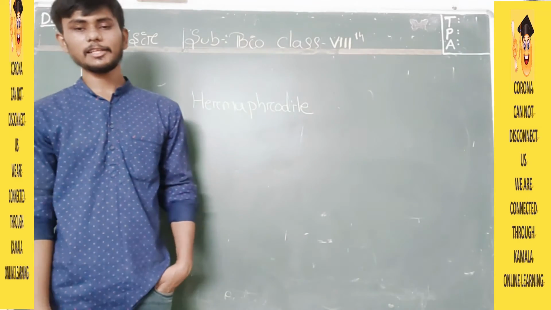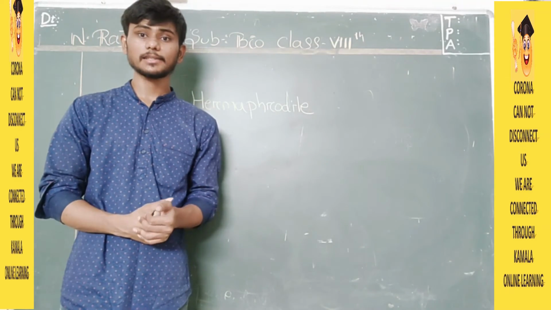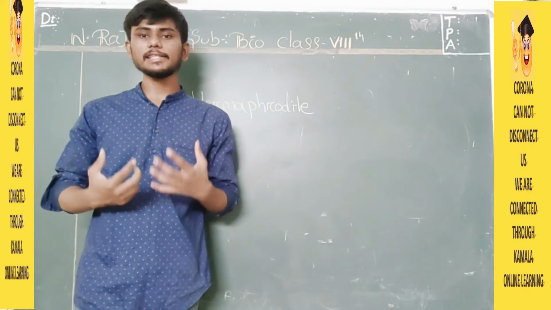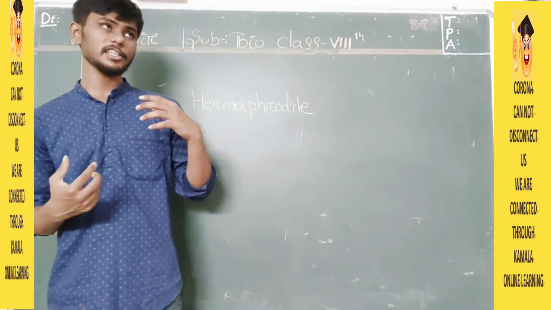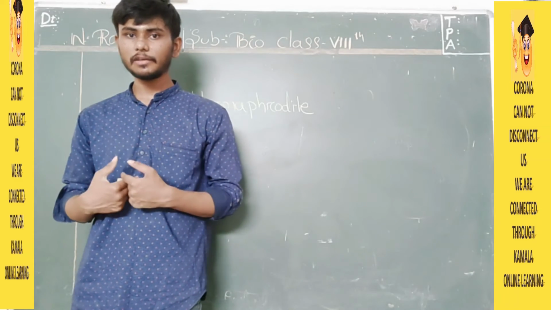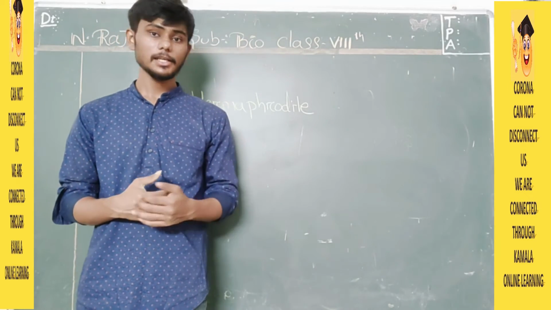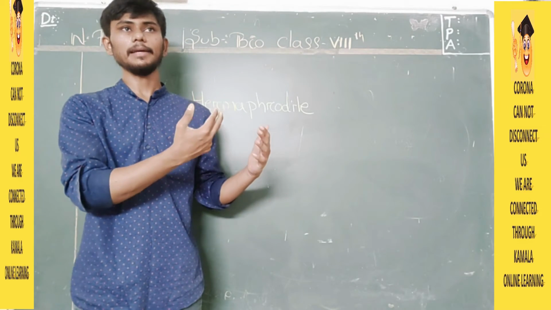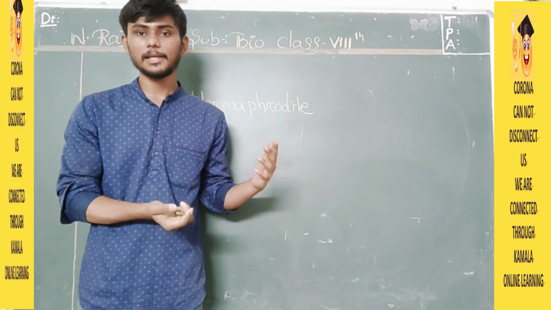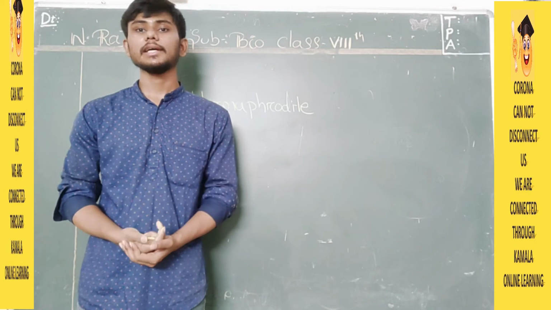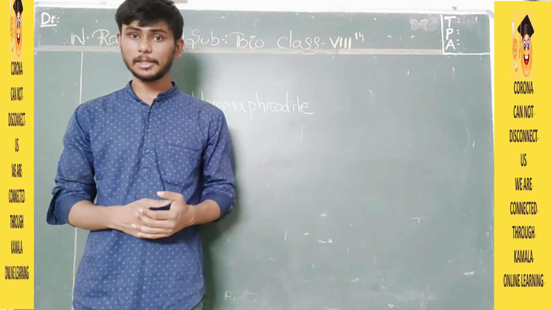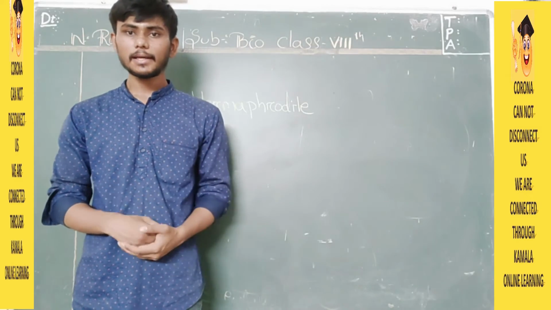There are some animals like your earthworm, some kinds of toads, some kinds of salamanders. What they do is they can change their reproductive system, means they can change their gametes. At first they had male gametes, they can turn into female gametes. Suppose both are males and they need to reproduce. Then this particular male will turn its gametes into female gametes, and after reproduction they can produce a young one. So these kinds of animals are called hermaphrodites, or bisexual animals.